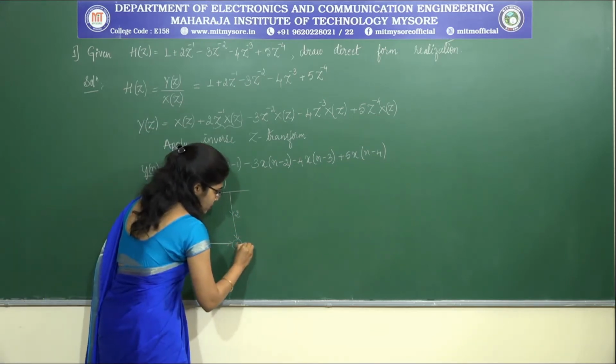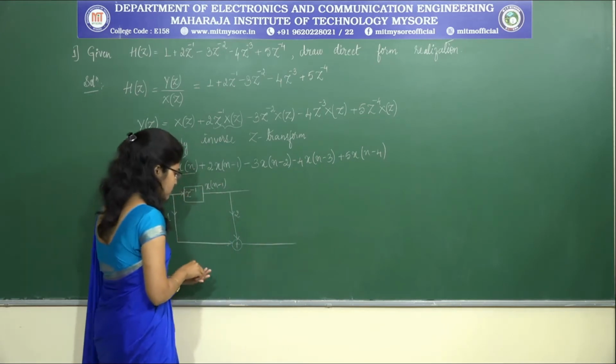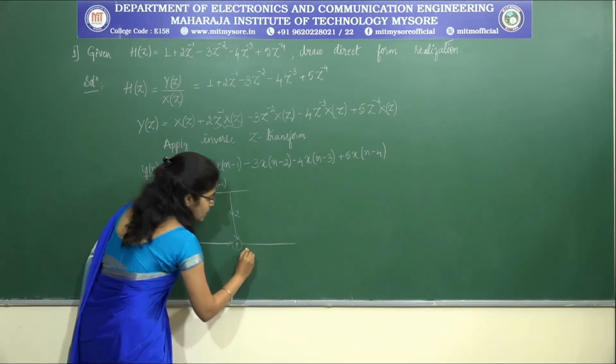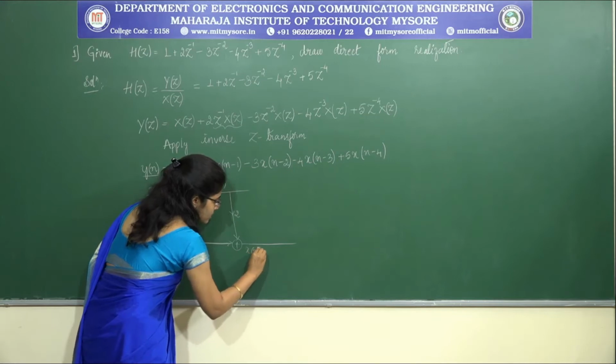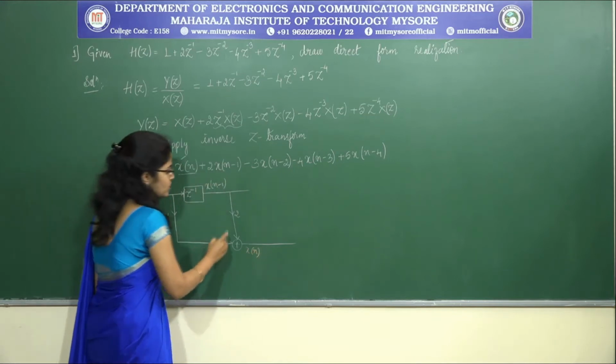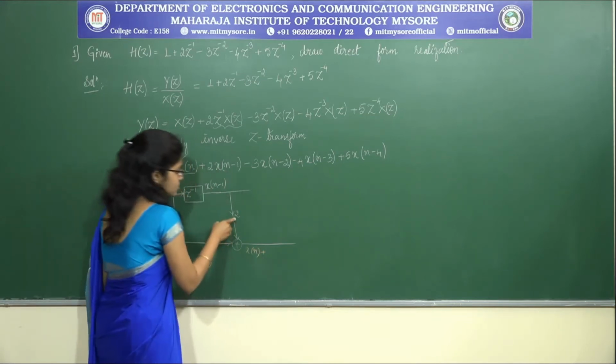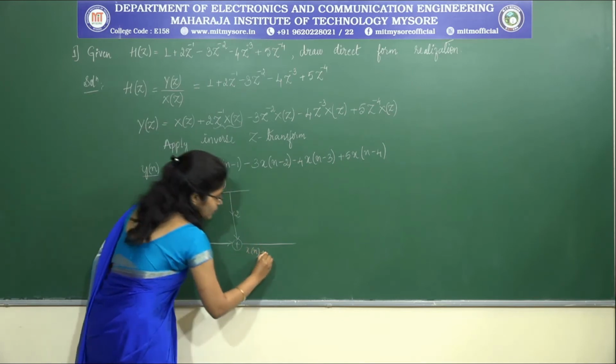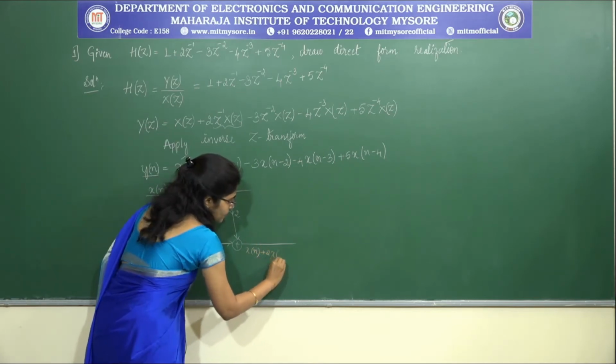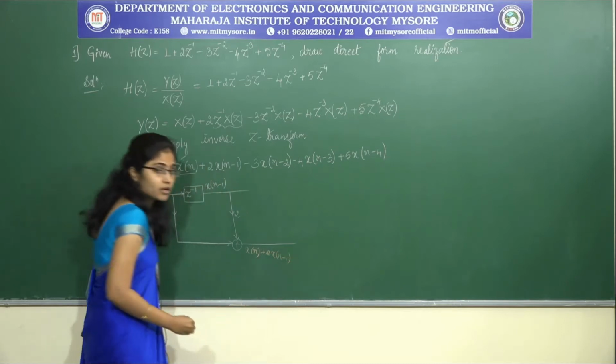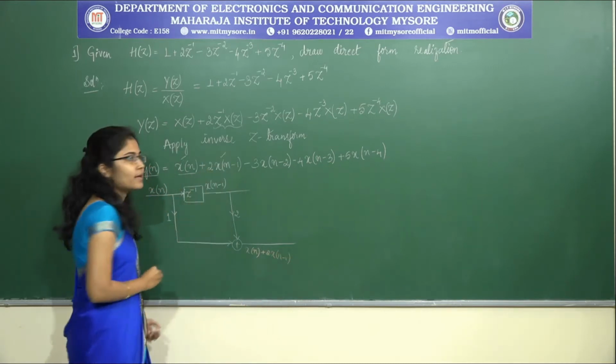If I check the output of the summing point at this stage, it is x(n) from this branch, plus 2 into x(n minus 1). Okay, we completed these two terms.